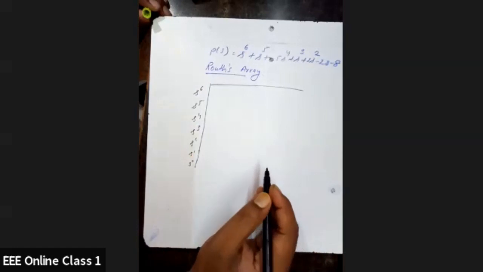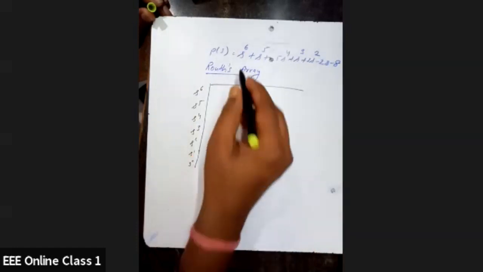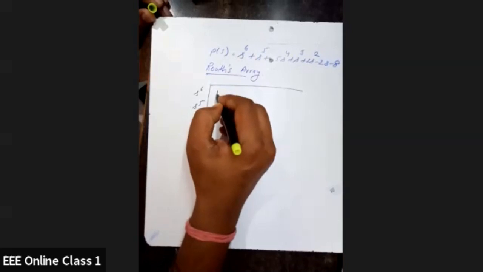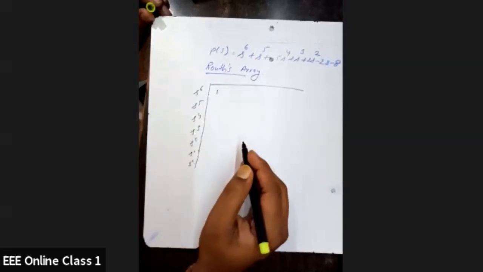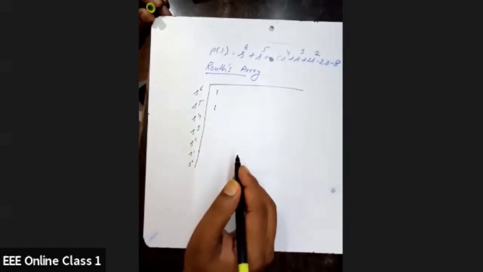Now let us put all the elements of the polynomial. So we have one S6, so one will come here. Then we have one S5, so one will come here.